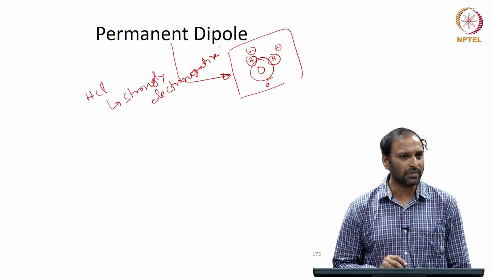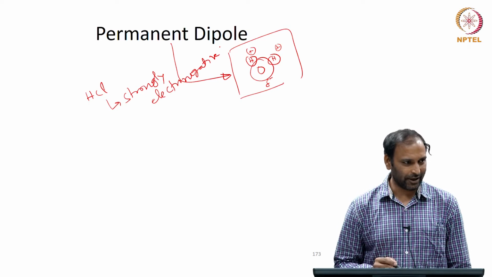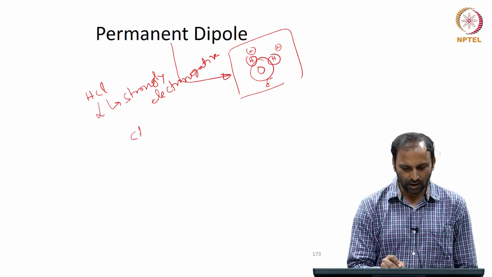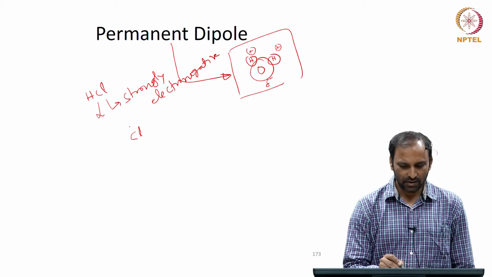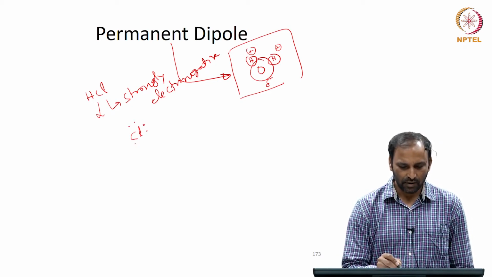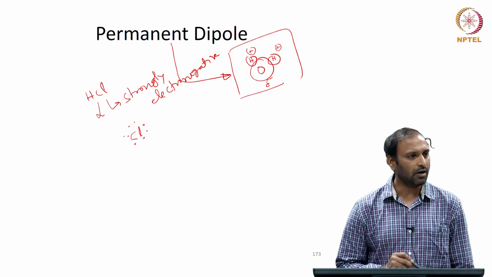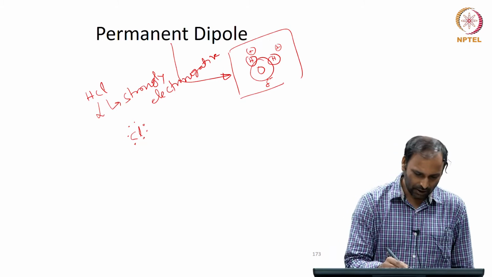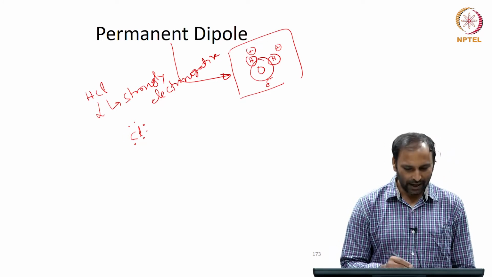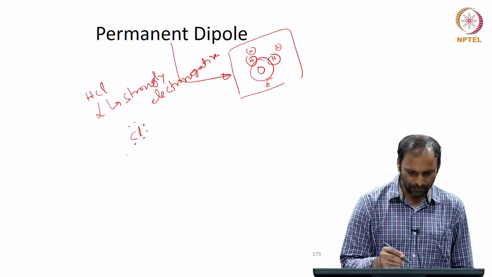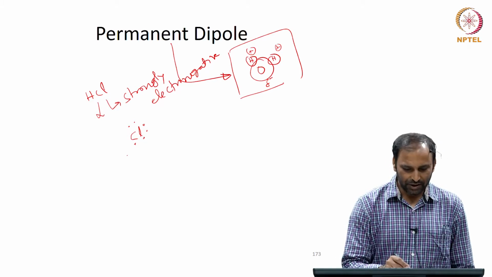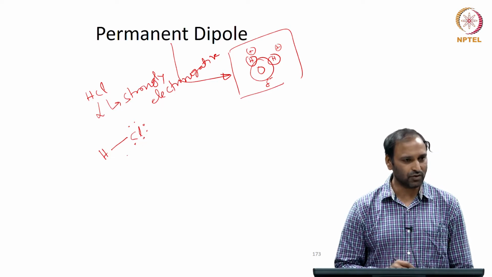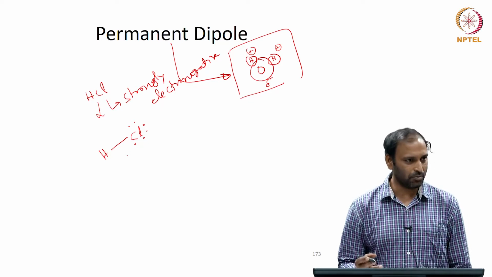If you take the case of HCl, chlorine has 7 electrons in the outermost shell, and it wants to share an electron with hydrogen so that it can complete its outermost shell.